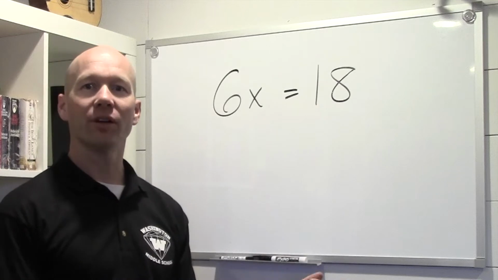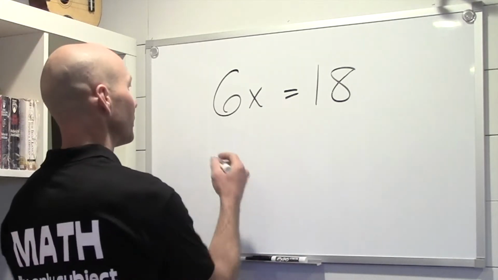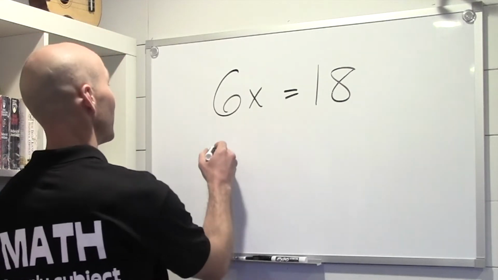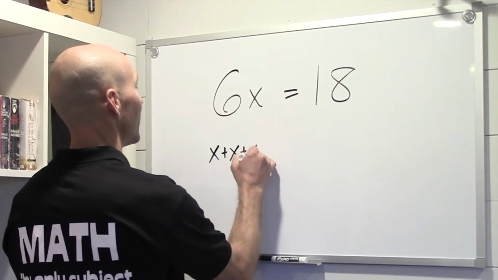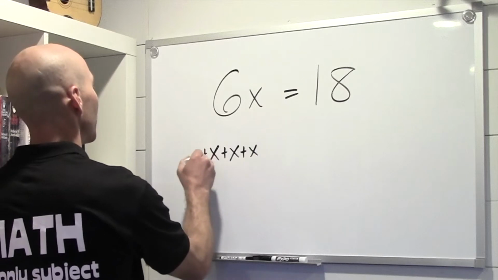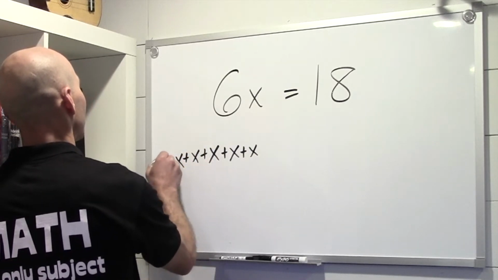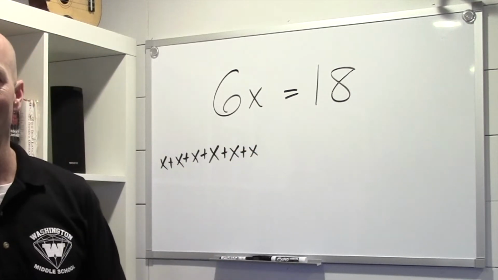This means 6 times x, so I have x plus x plus x plus x plus x plus x. 1, 2, 3, 4, 5, 6 x's.